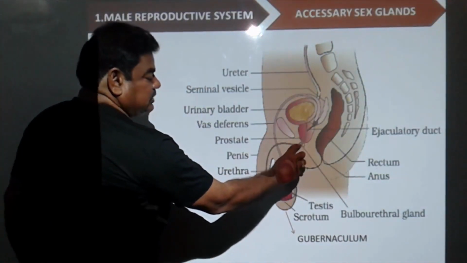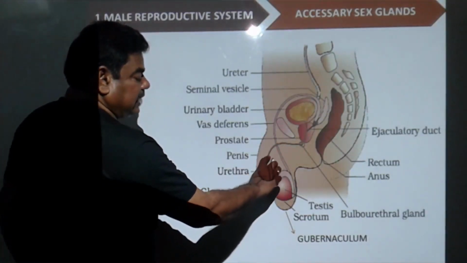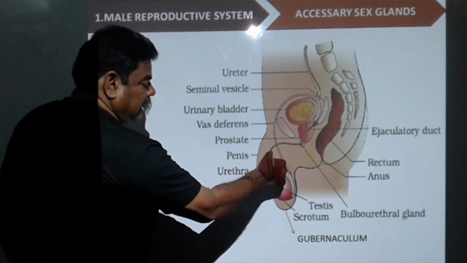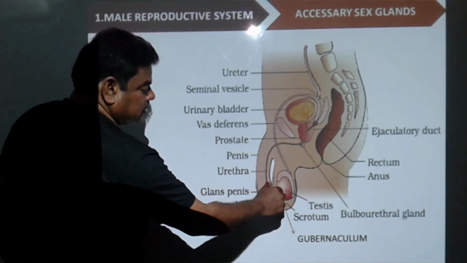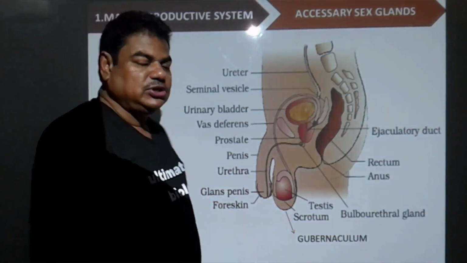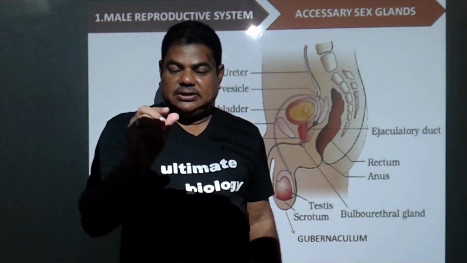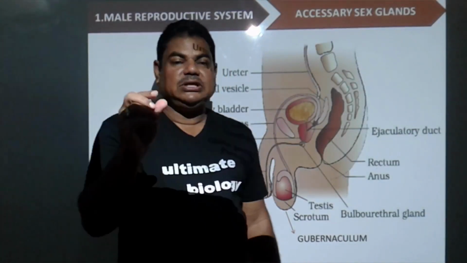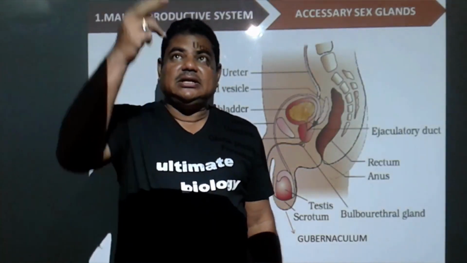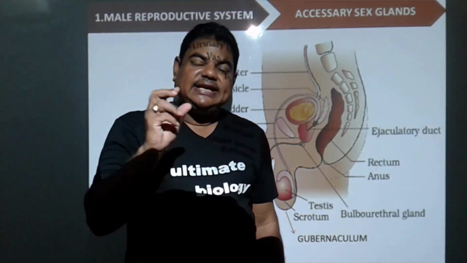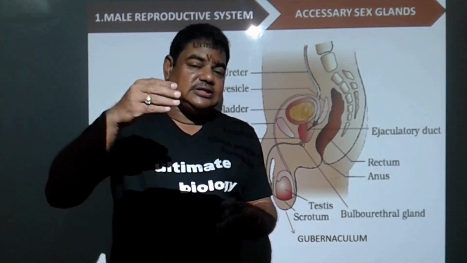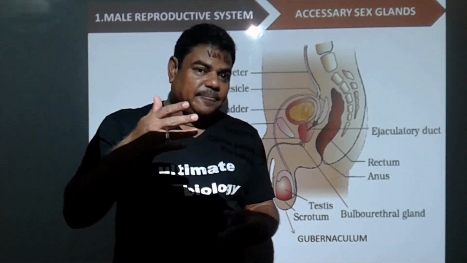And when the mucus, which is alkaline in nature, is released here, it forms a coat of alkaline mucus all around this urethra. The main function of this alkaline mucus secreted by the bulbourethral gland is this: the urinary tract is acidic in nature, and in the acidic environment some sperm get killed.